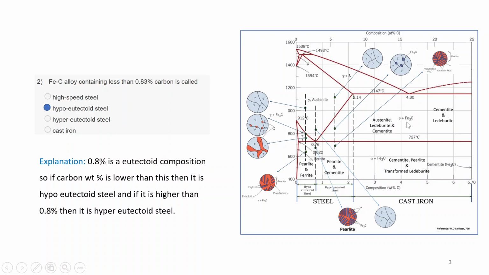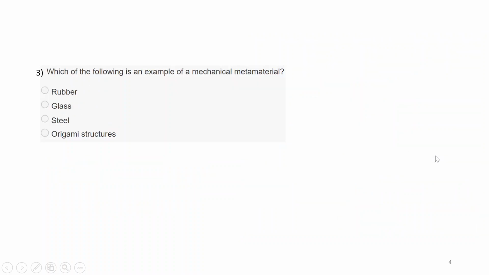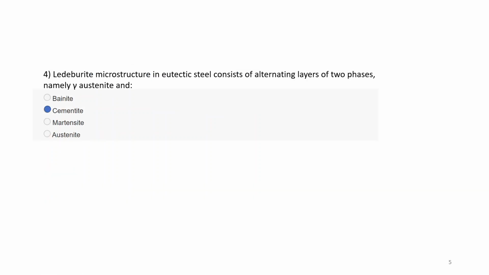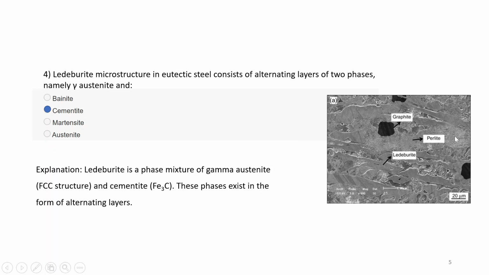After this you will have layers of cementite in this case. So the correct answer here will be cementite and austenite. Ledeburite is a mixture of gamma austenite, FCC structure, and cementite, and these phases exist in the form of alternating layers.